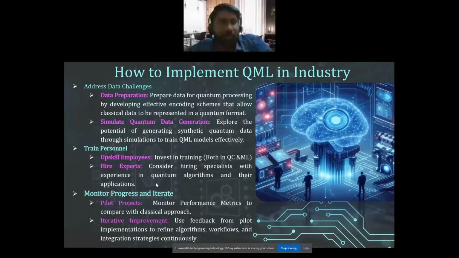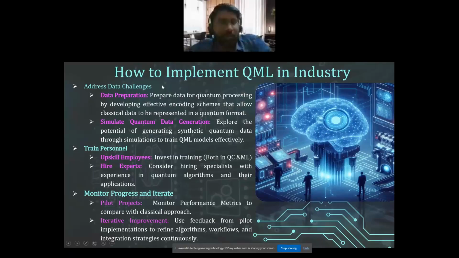Hardware, software, complexity, algorithms, everything needs to be taken care of. These are all the data points. You can address all of them, and that way you can implement quantum machine learning very seamlessly in your industry, whichever industry it is.